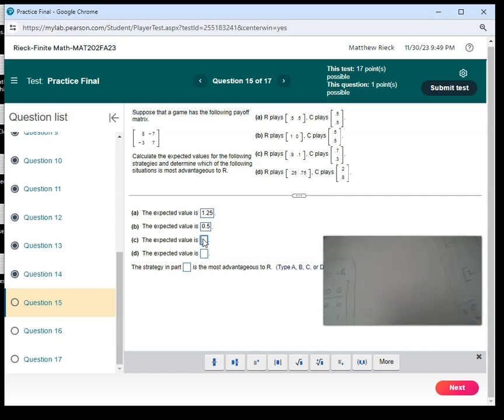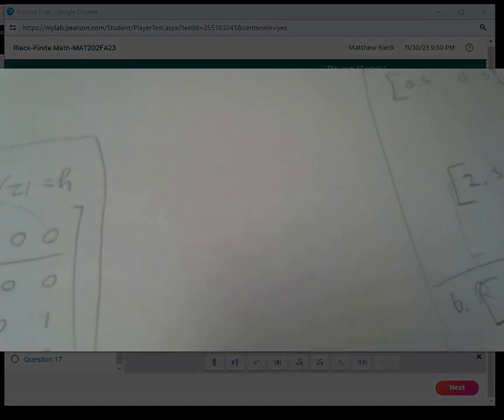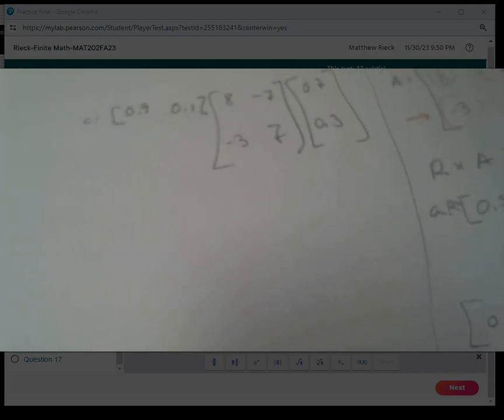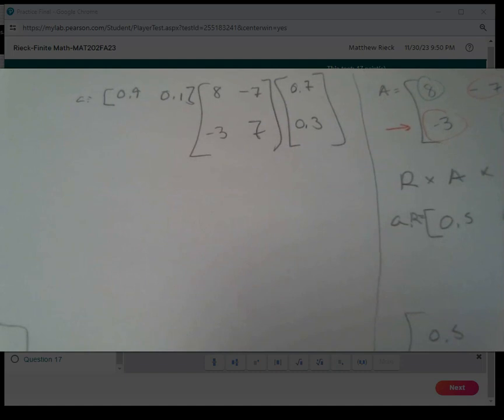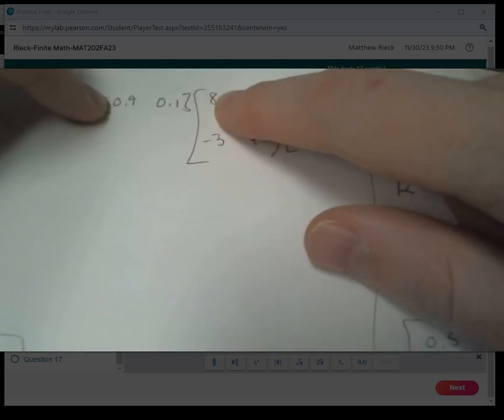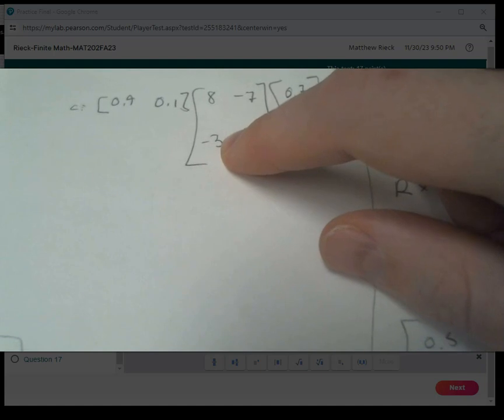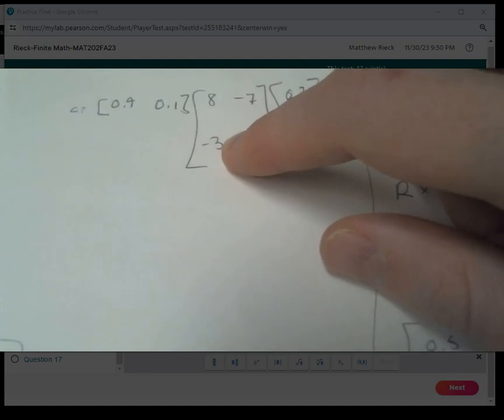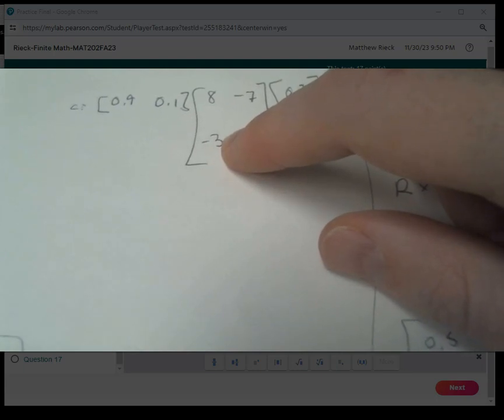All right, so C here, we have 0.9, 0.1. So we have 0.9 times 8 plus 0.1 times -3.